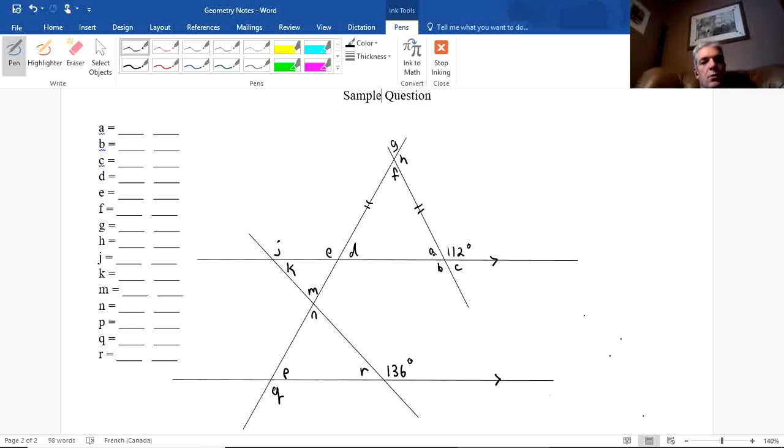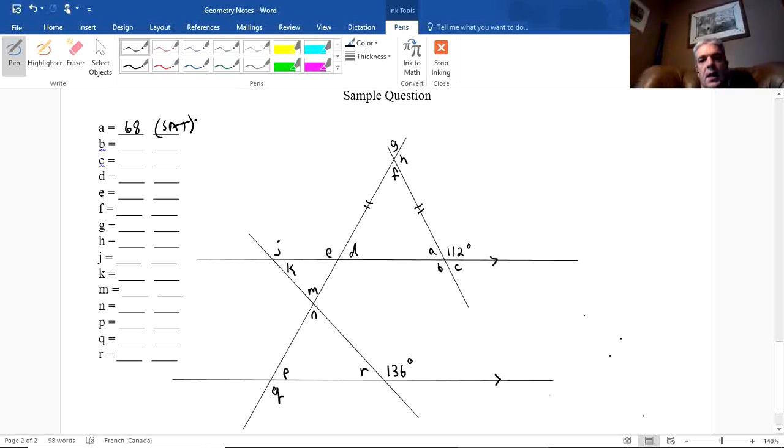Something's gone weird on my calculator here. It's in stat mode. There we go. Back to home. Okay, so 180 minus 112, and that equals 68 degrees. So I can write in my answer 68, and then I have to say why. Well, that's the supplementary angle theorem, SAT.